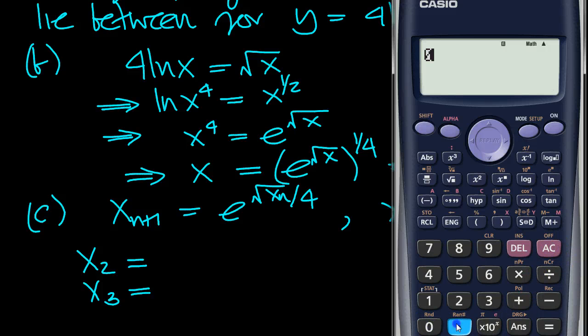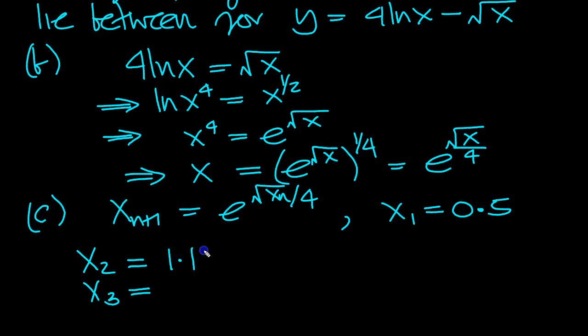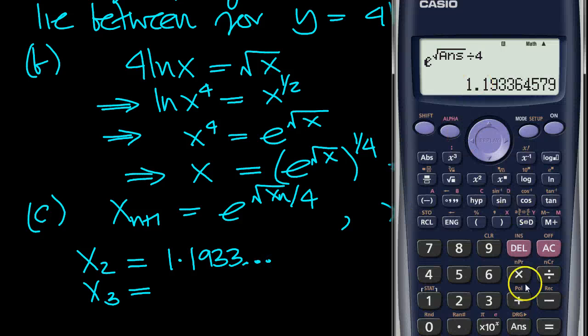I'm going to just put 0.5 in the calculator. Now that's gone in as answer. So now I'm going to do Shift e to the power square root of answer, which is 0.5, divide by 4, come down to ground level. Okay, equals 1.1933 dot dot dot. And if we press equals again, because answer's gone into here, that will just recalculate it here, 1.3140.